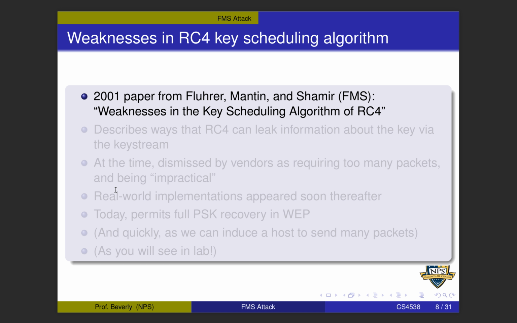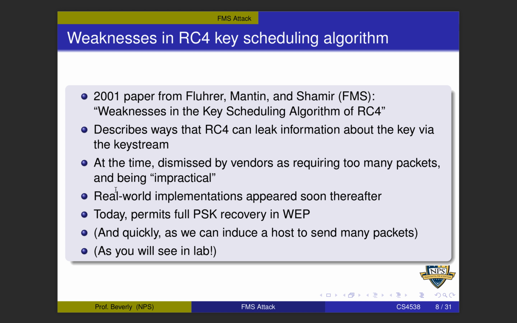Let's move on from this review and start talking about weaknesses in the RC4 key scheduling algorithm. In 2001, a paper from Fluhrer, Mantin, and Shamir was published that described ways that RC4 can leak information about the key via the key stream.